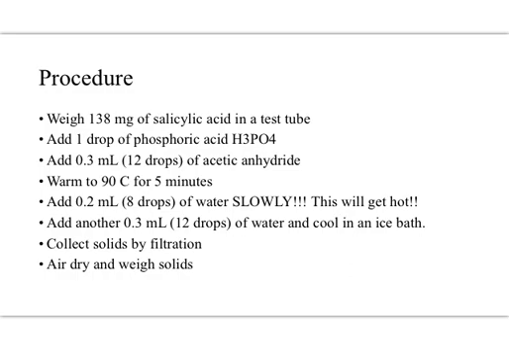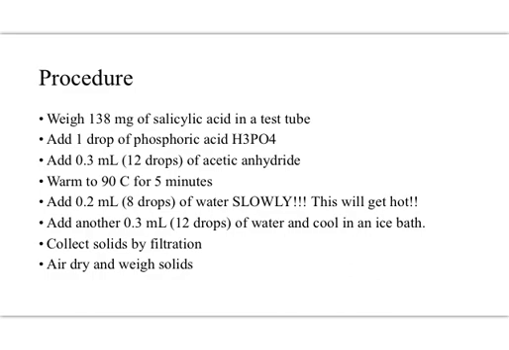Once you have the 138 milligrams weighed out directly into the test tube, you're going to add 1 drop of phosphoric acid to that, as well as adding 0.3 milliliters, which is 12 drops, of acetic anhydride. We're then going to warm that up to about 90 degrees. So stick it in some boiling water for about 5 minutes.